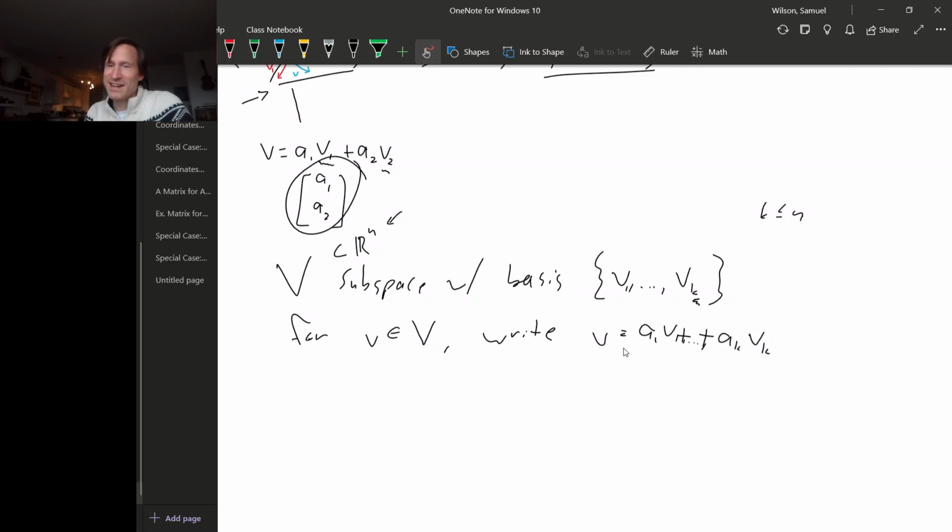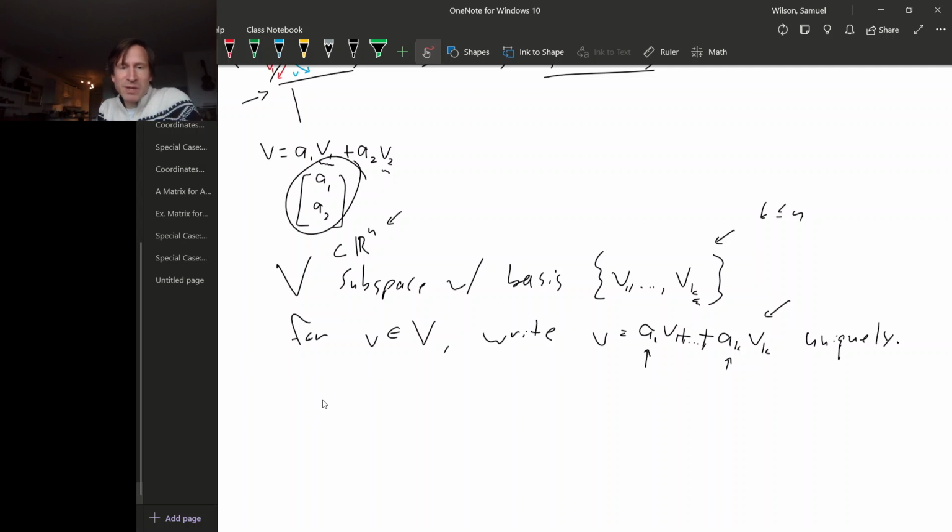So I'll say write v equals this sum uniquely. What I mean by that is there's only one way to choose the coefficients that makes the right-hand side equal to the left-hand side. And this is because we have a basis. We've seen that having this unique representation is a feature of having a basis.